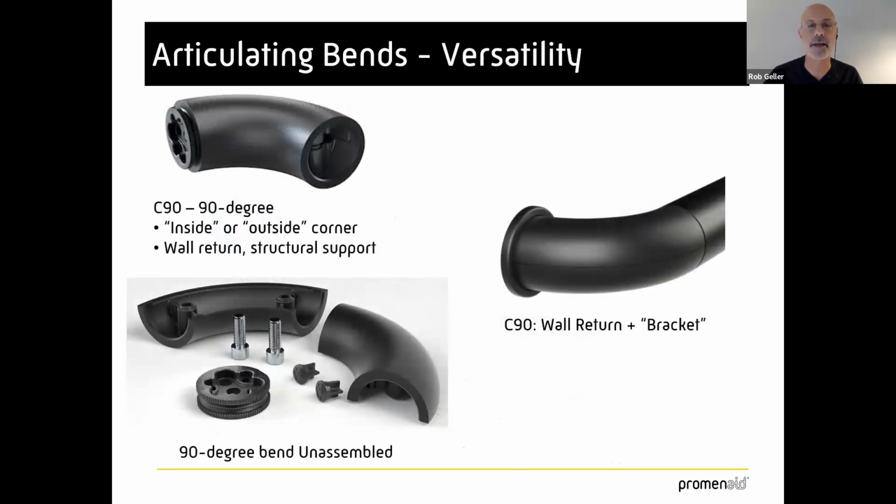This is what it looks like unassembled. Essentially the inside of any bend has this sprocket that is either going to fasten to the wall, or it's going to join a bend to a bend. Any one of those bends can fasten to another bend, a railing, or the wall.